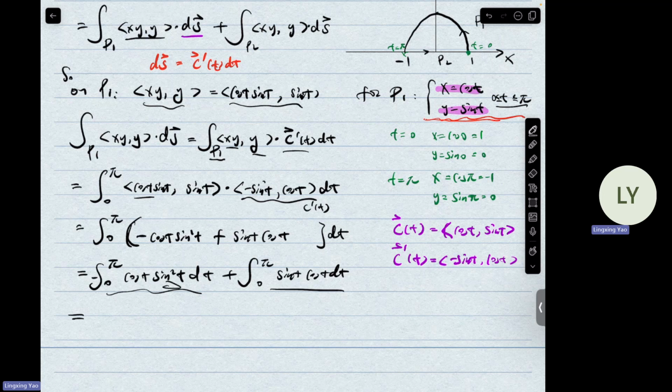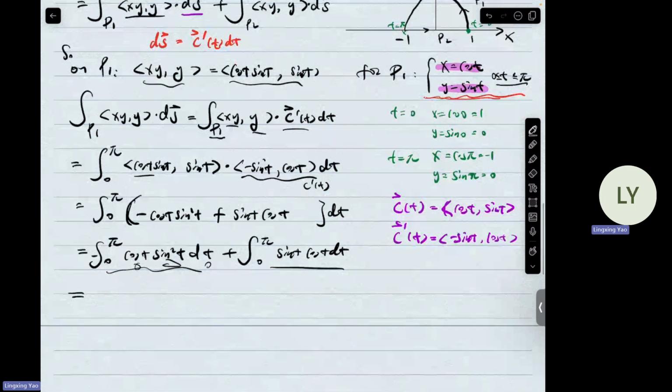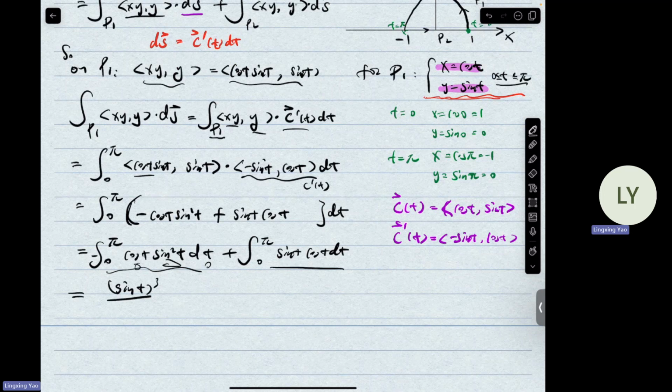Then du equals cosine t times dt. So this cosine t times sine t times dt is u du, so this is u squared du. So the antiderivative is u cubed over 3, and we have an extra negative sign.